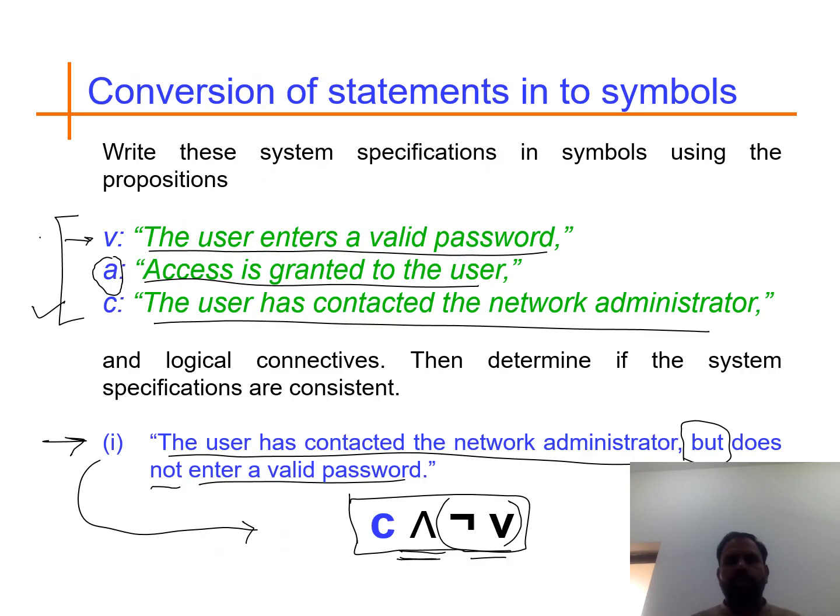Conversion of statements into symbols. Write these system specifications in symbols using the propositions and logical connectives, then determine if the system specifications are consistent. B: The user enters a valid password.